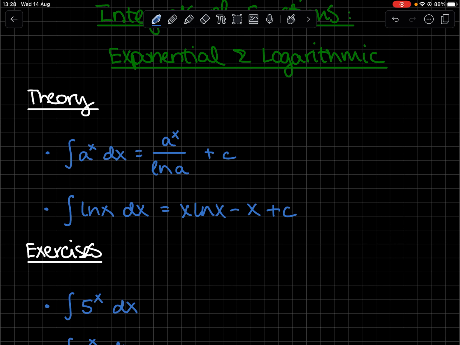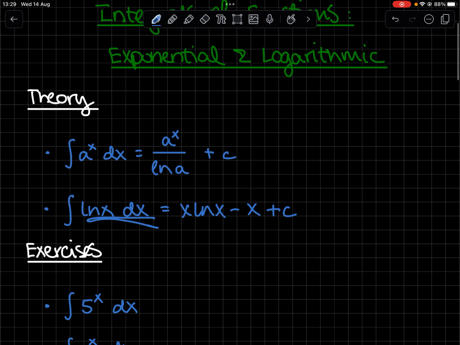But I can confirm that this is true by taking the derivative of this and showing you that it leads to ln of x. So when you derive this with respect to x, you need to use the product rule. So you get x times 1 over x plus 1 times ln x. When you derive minus x, you get minus 1, and when you derive the constant, you get 0.